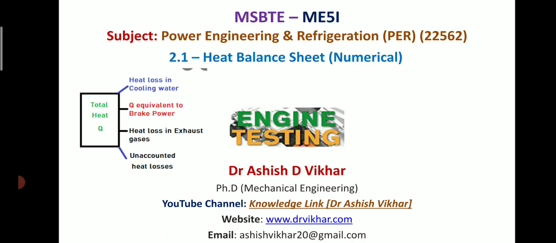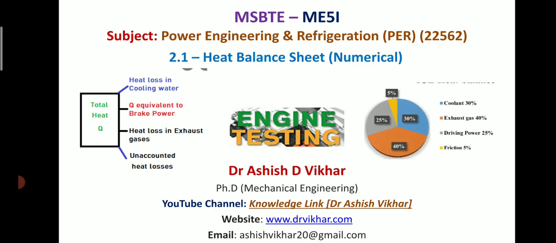This heat energy is utilized to produce brake power. This heat is lost in exhaust gases, and some heat provided to the internal combustion engine is called unaccounted heat. So how we have to make the balance sheet of this heat, we are going to learn in this lecture.